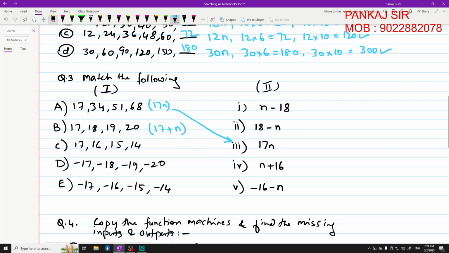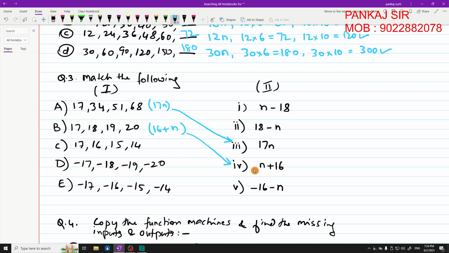So this rule has to be written as 16 plus n. Now if you take n as 1, 16 plus 1 will be 17. If you take n as 2, 16 plus 2 will be 18. 16 plus 3 will be 19. 16 plus 4 will be 20. So the rule is 16 plus n. So this will match with this one.